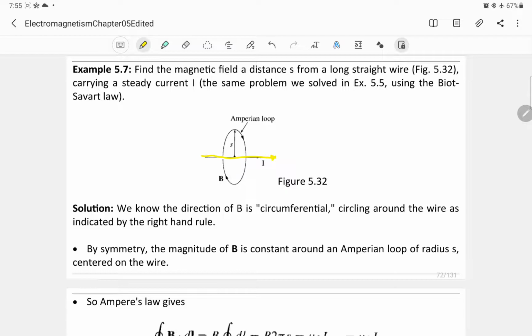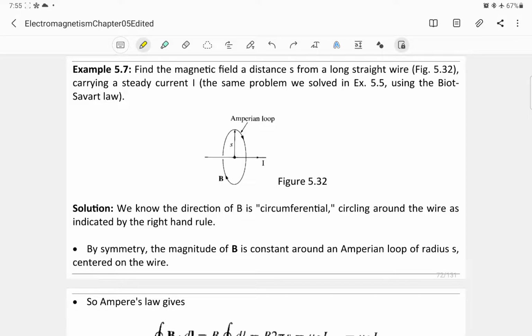We know that the direction of B is circumferential, circling around the wire. So in this case, you're using your right hand, you point your thumb to the right, and then the curl of your fingers will be the direction of your curling magnetic field.